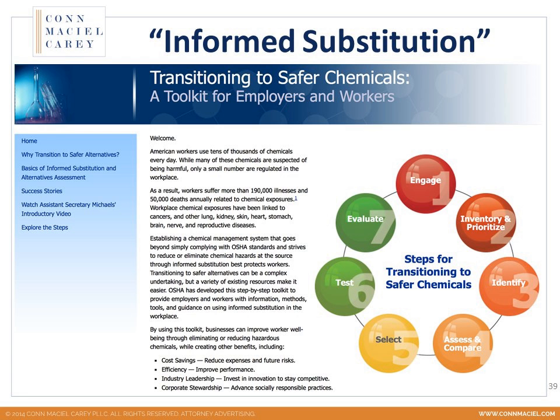Now, this isn't going to work across the board, but there may be certain situations, certain chemicals, that can be replaced with less hazardous chemicals. And OSHA has developed a 7-step process in a toolkit that they've put online. I think you've got the site for it on the screen in front of you.